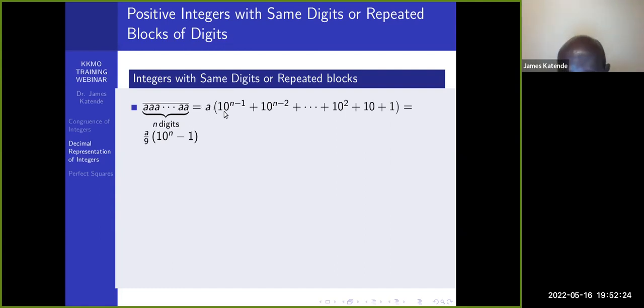You can pull out the digit and then express what is left inside the brackets as a sum of powers of 10, the same way I've done for 1, 1, 1. If you consider this as a geometric progression or geometric series, the first term is 1 and the common ratio is 10.